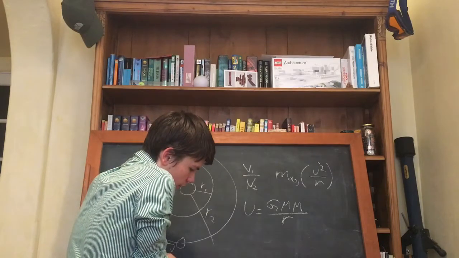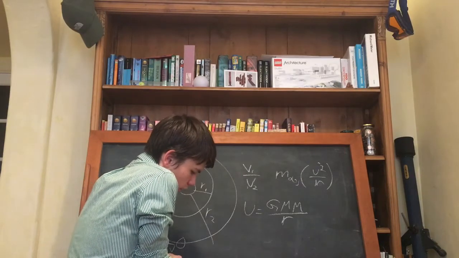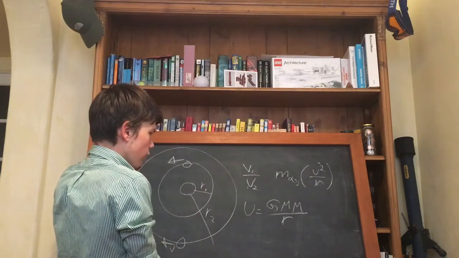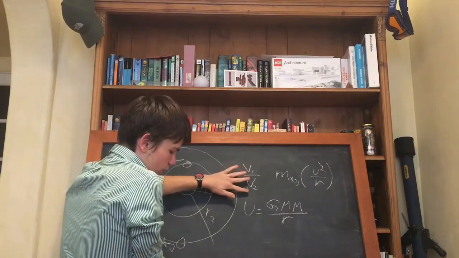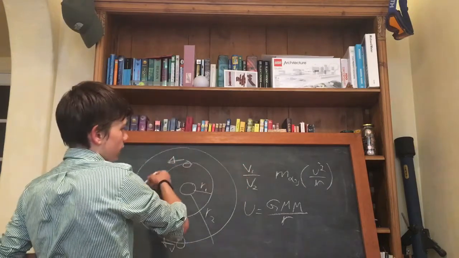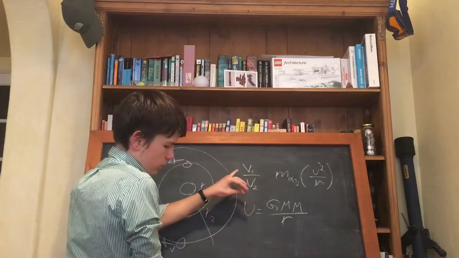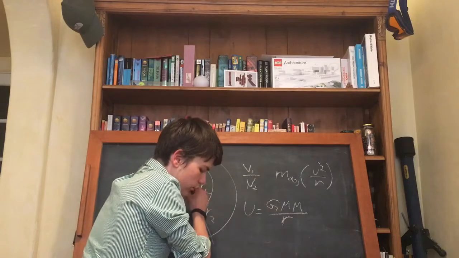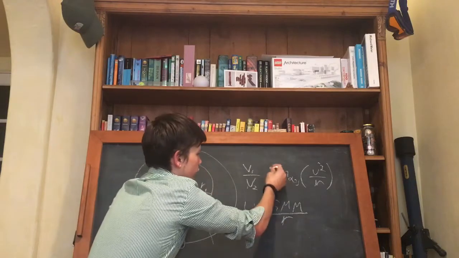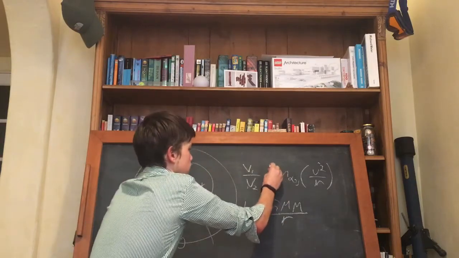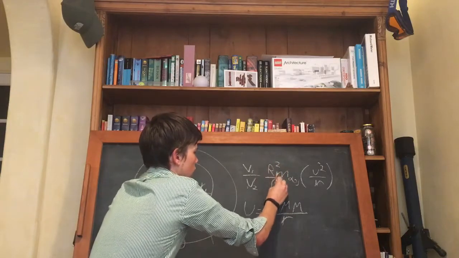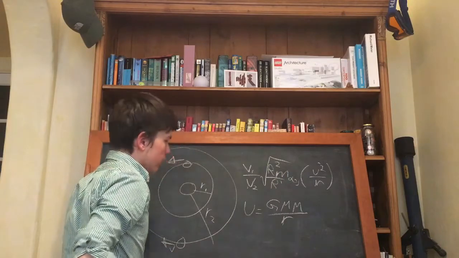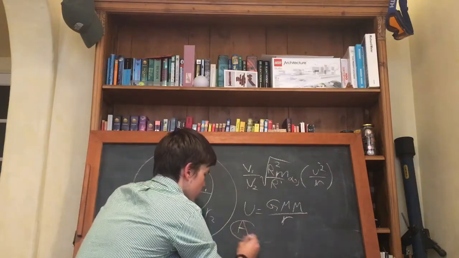So when they're moving around, velocities over here moving this way, we know that they're proportional, or the ratio of the speeds is equal to R2, the second radius, over R1, but since it's squared, we have to do a square root here. So that gives us the answer A.